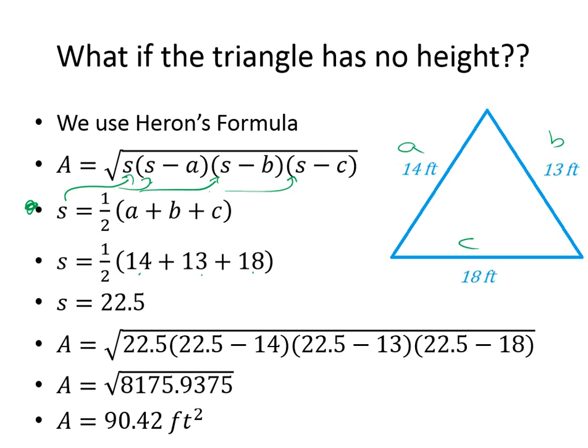And you take the square root of it, and that gives us the area of this figure, which is about 90.42 feet squared. So remember, your unit, feet squared, whenever doing an area, it's whatever squared. Okay, so that's Heron's formula. It's a little bit confusing, but it helps with certain triangles where you don't have the height.